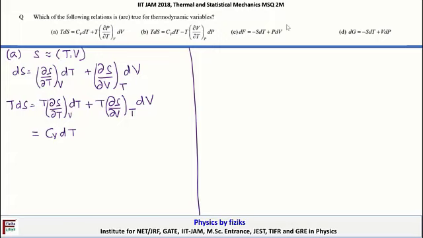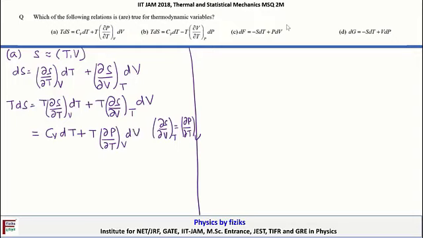Here we will make use of one of the Maxwell relations: dS by dV at constant temperature is equal to dP by dT at constant volume. After replacing, we obtain plus T (dP/dT) at constant volume.